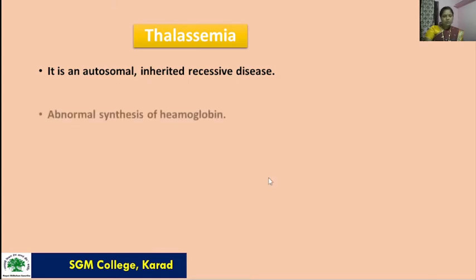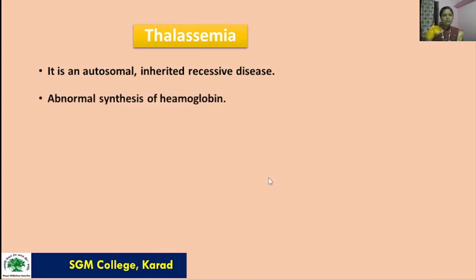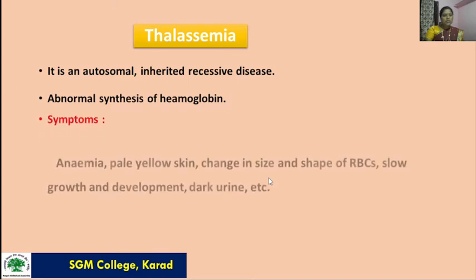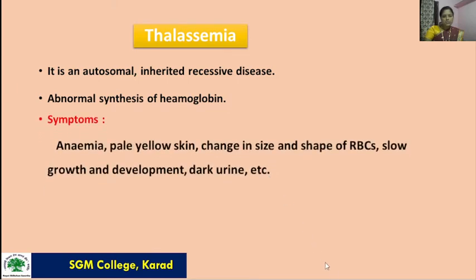This is the abnormal synthesis of hemoglobin, involving HbA1 and HbA2, while the synthesis of the beta chain is controlled by a single gene, HBB, on chromosome 11.